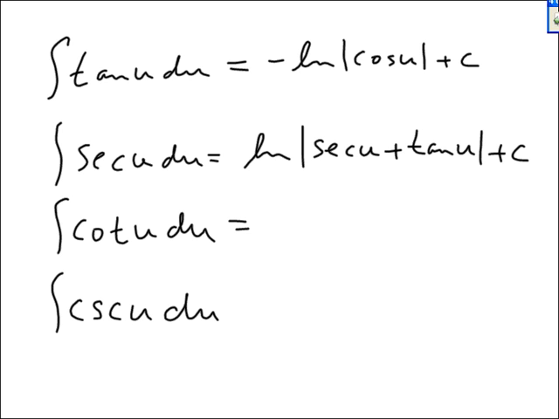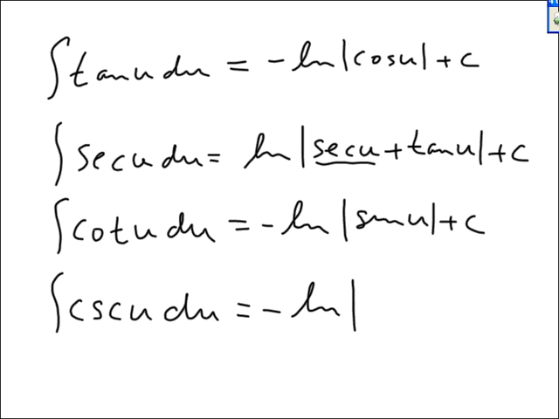The integral of cotangent u is negative ln of sine of u plus c. The integral of cosecant of u is going to be negative ln of cosecant u plus cotangent u; secant becomes cosecant, and tangent becomes cotangent.